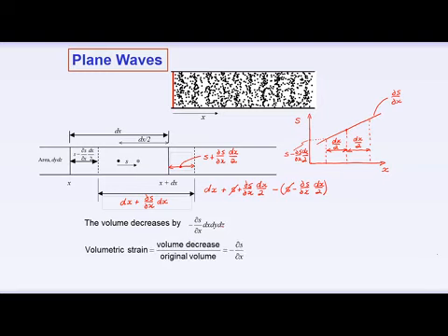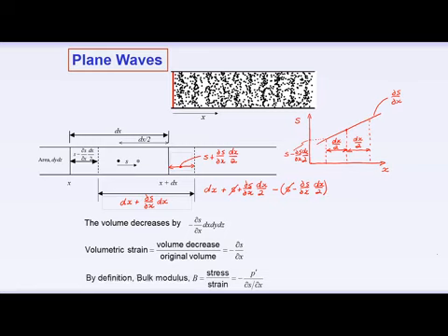And we can introduce a term which we'll call the volumetric strain, which is the amount the volume decreases divided by the original volume, and since the original volume is dx dy dz and this quantity up here is the amount of volume decrease, then the volumetric strain is just minus ds/dx.